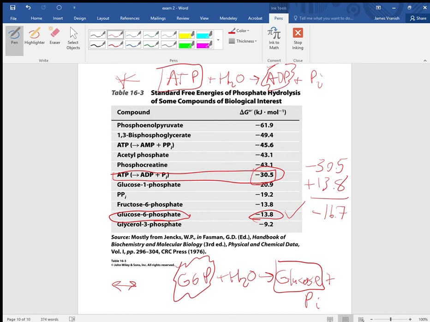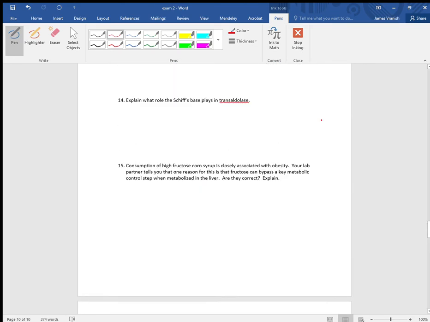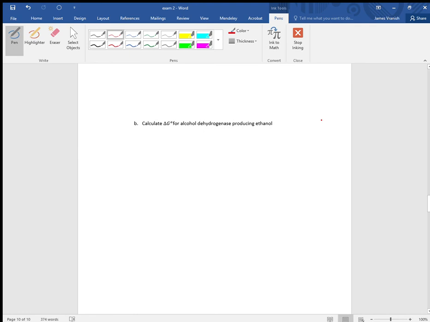All right. The next question. So our other calculation question is: calculate delta G0 for alcohol dehydrogenase producing ethanol. Can somebody help me out with what the actual reaction is that alcohol dehydrogenase carries out? Everyone remember? Yeah.